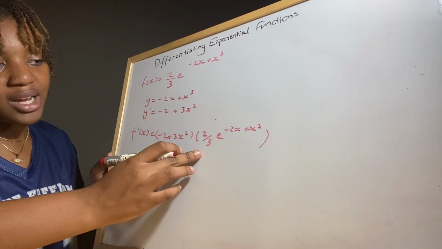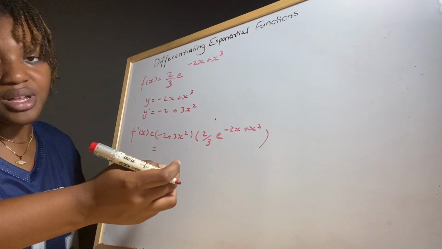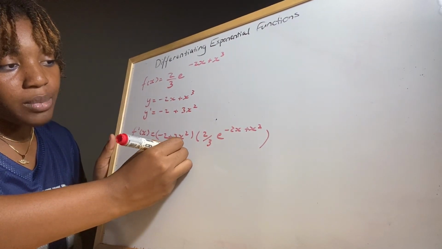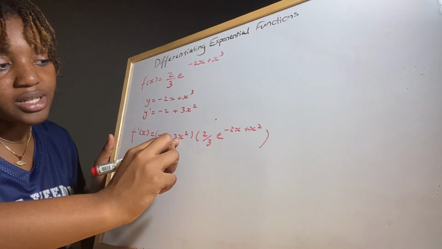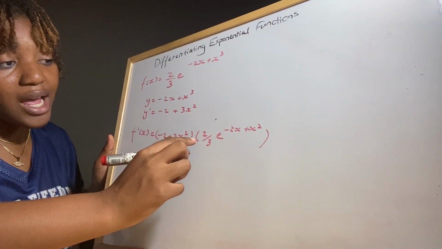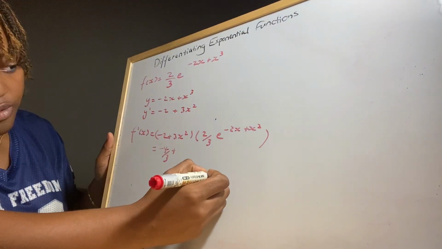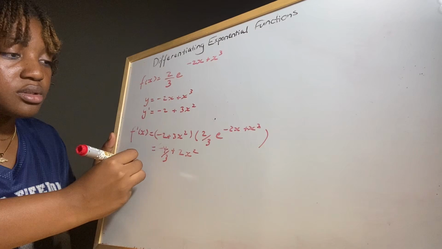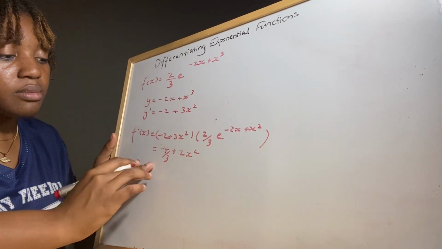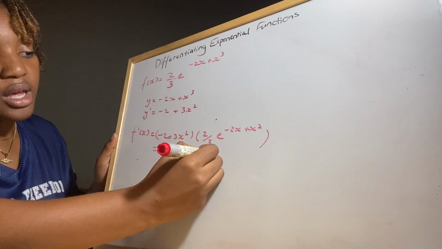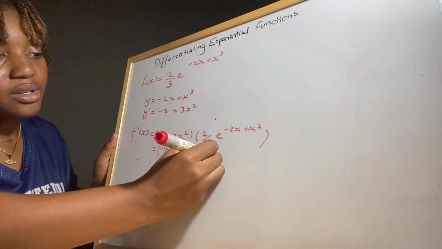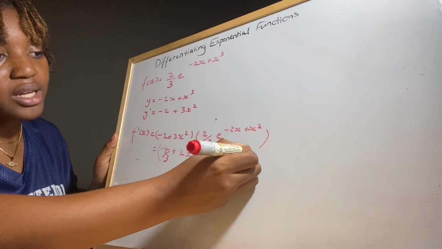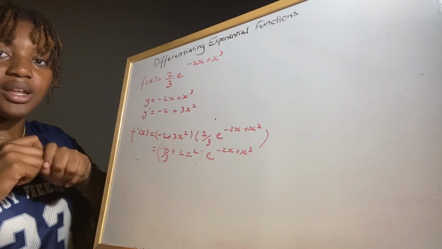If we do that, 2 over 3 times negative 2 would give us negative 4 over 3, plus 3x squared times the 2 over 3 would give us 2x squared. Let's see. Yeah, that would give us 2x squared, and then we'll have that in a bracket with the e raised to the negative 2x plus x cubed. And that would be our answer.